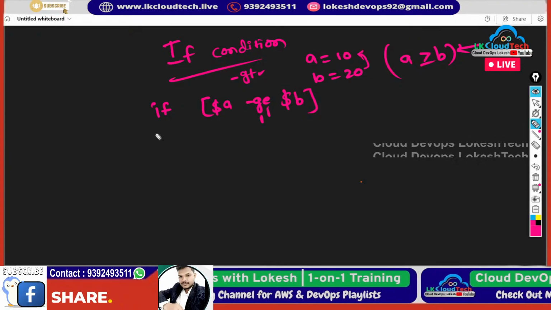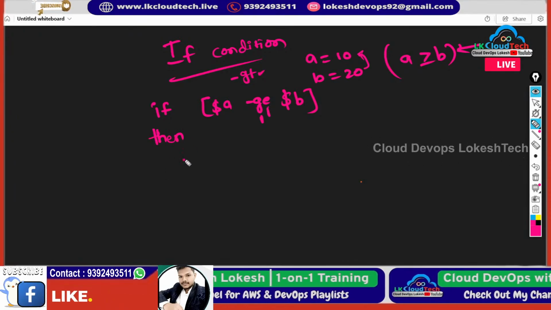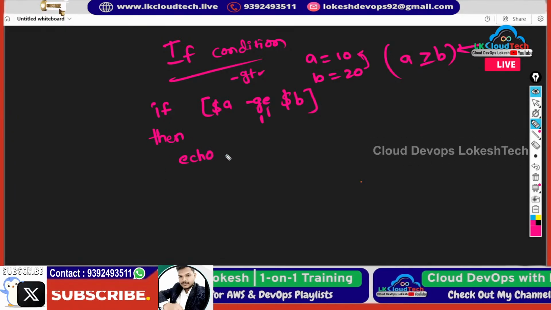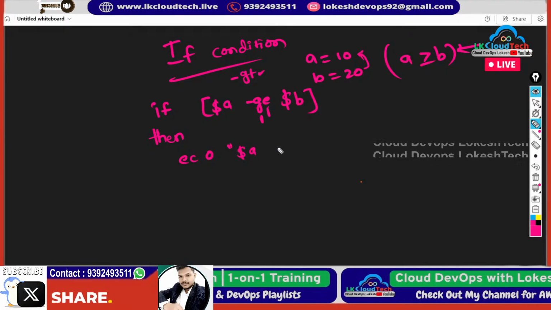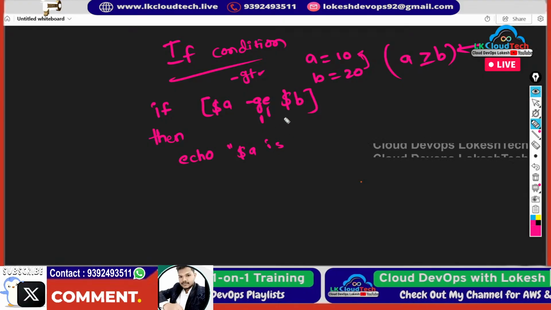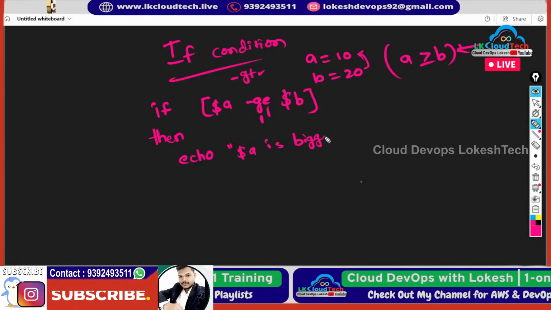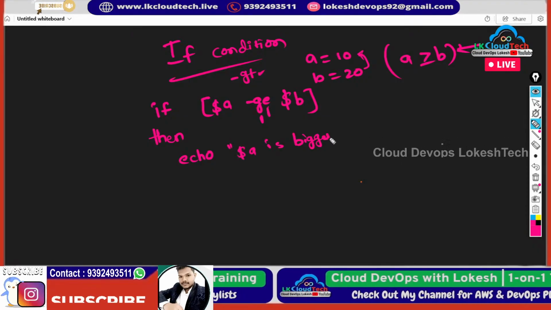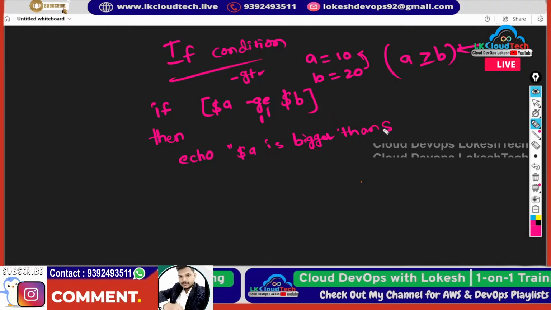So again, we can write like this then: echo $A is bigger or greater than $B.